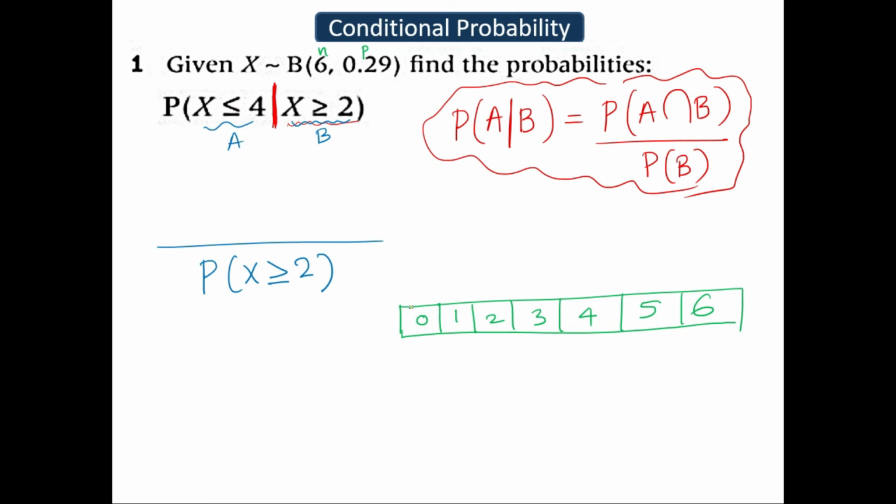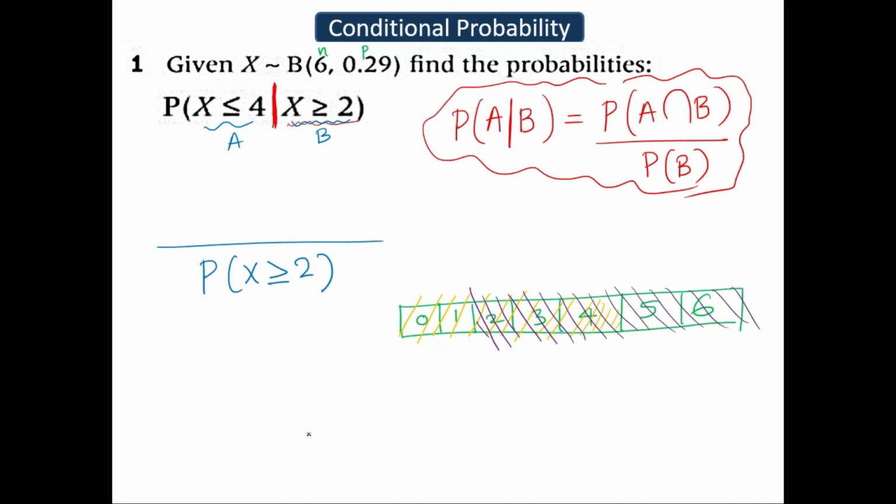Okay, I'll be using the shading method for better clarification. It's less than or equal to 4, so they're talking about this region where you have less than or equal to, so 4 is also included, and the B part is x greater than or equal to 2. Now x greater than or equal to 2, so you have 2, it's equal, and greater than 2.